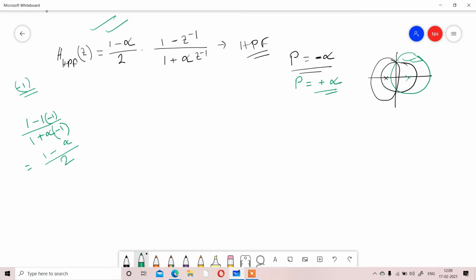Okay, we want to make a correction, that was positive, so we want to make p equal to plus alpha, means we want to make the pole alpha. Simply we will make this minus 1, then we will consider the DC coefficient to keep all the parameters same.